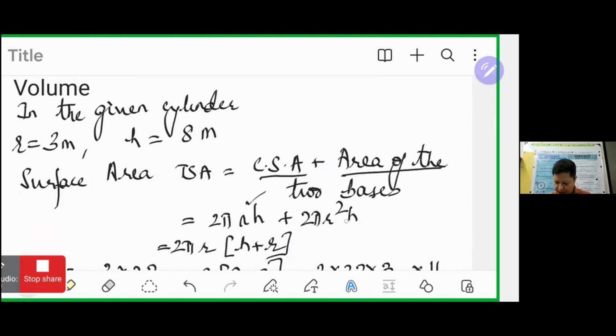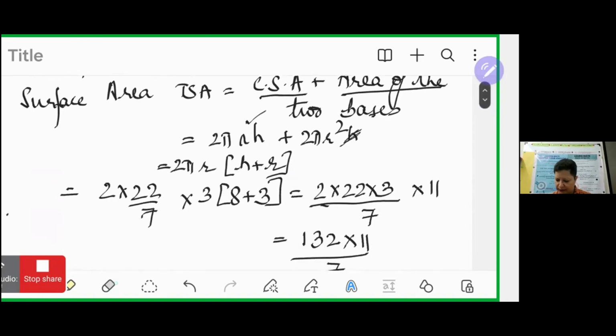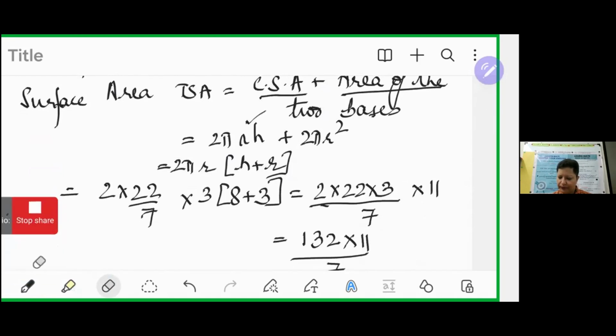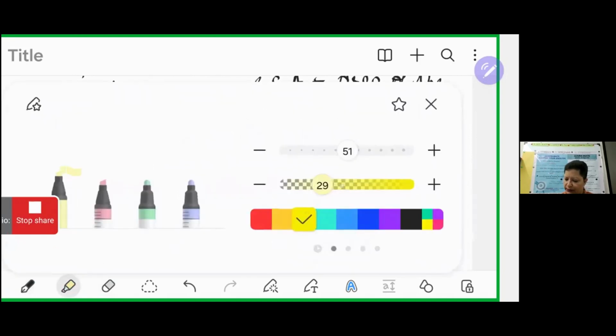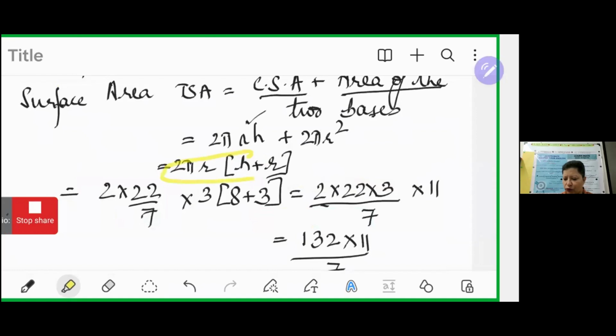So this is 2 pi r square. Having said this, it becomes 2 pi r into h plus r. So your formula then becomes 2 pi r into h plus r.